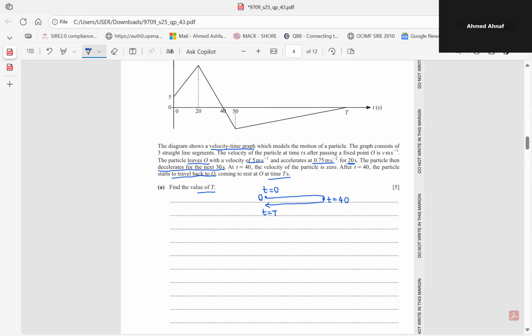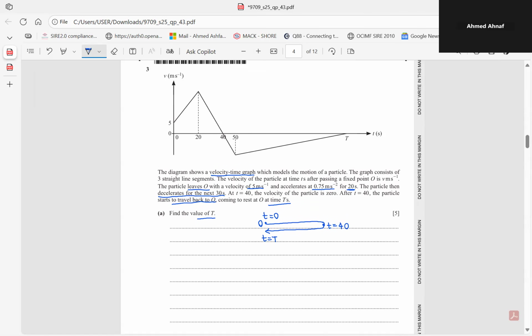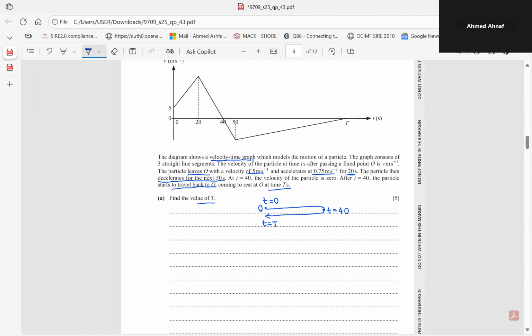So we can say that the distance covered from t = 0 to t = 40 and from t = 40 to time t is the same. So we can equate these two distances together.